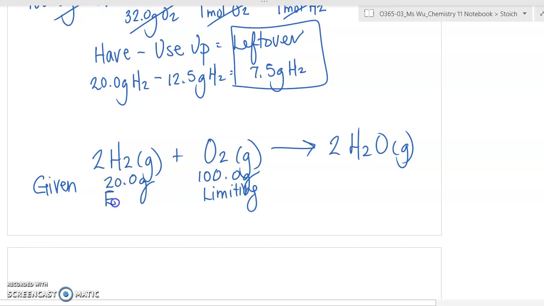In other words, the other reactant is in excess. We have more than enough of that. Our limiting reactant determined that we are going to make 112.5 grams of water. And in fact, of the 20 grams of hydrogen, we only used up 12.5, and 7.5 grams of hydrogen is left over.